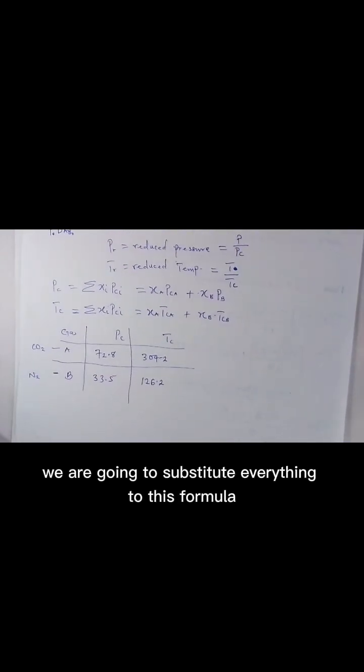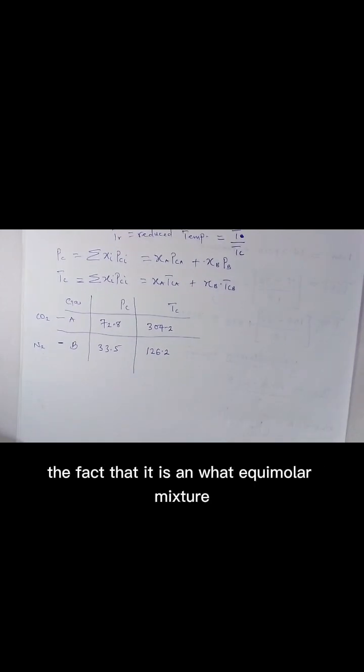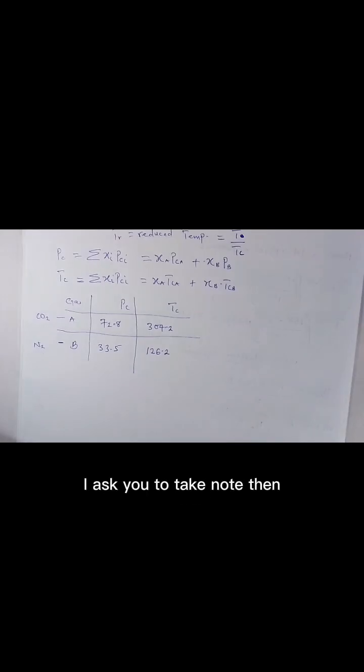So after getting this, we are going to substitute everything into this formula respectively to get the corresponding PC and TC of the mixture. From the question, it mentions the fact that it is an equimolar mixture. I asked you to take note.